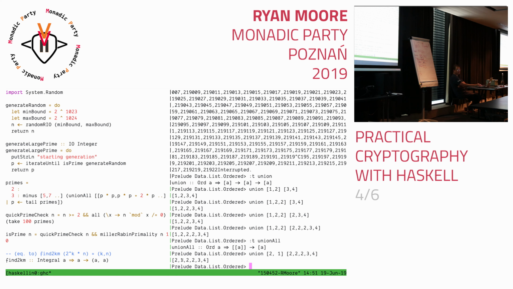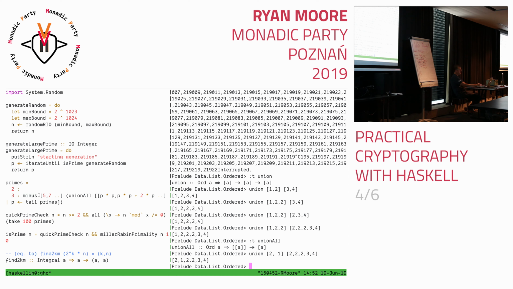Okay, so let's break this down. What makes this really difficult is the fact that this list comprehension is a recursive data structure itself, right? So first let's think about what's going on. So we have 2 cons to 3, and let's for a second ignore the minus.